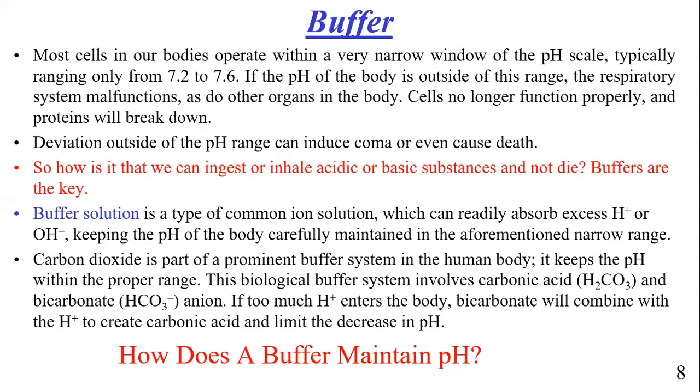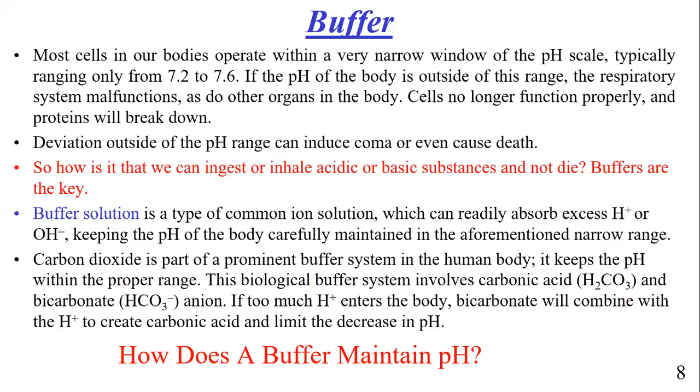What do we mean by that? It means anytime I take in some acid, the HCO3 minus will come in and neutralize this acid, this H plus, and it will take it up. Anytime I ingest some OH minus into my body, my weak acid H2CO3 will neutralize that OH minus.